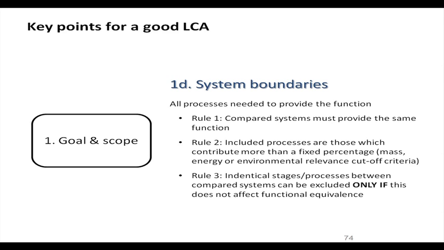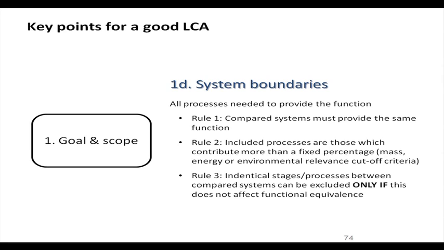We talked about that, 0.07% or something like that. In one of the initial slides we had that. So if it is more than a fixed percentage in terms of mass, energy, or environmental release cutoff criteria, then we include it. Otherwise we don't include it, otherwise it gets too long. And if there are identical stages or processes between the compared systems, we can exclude them only if it does not affect the functional equivalence.